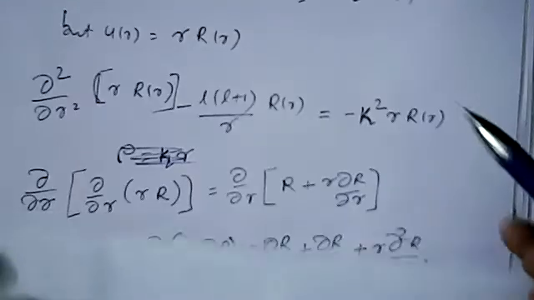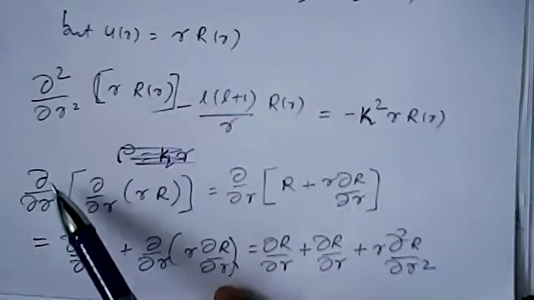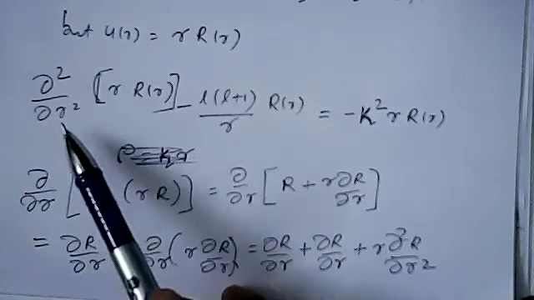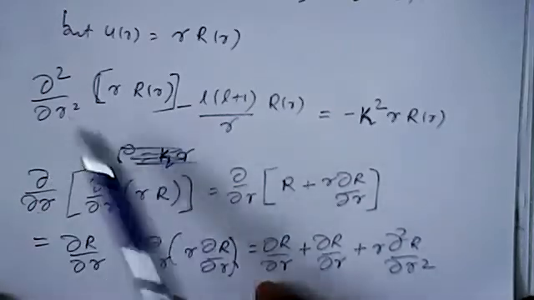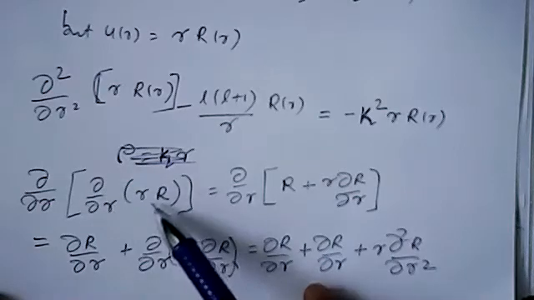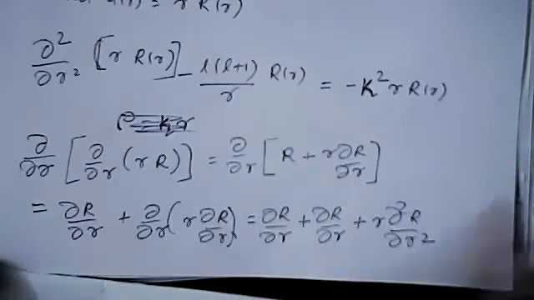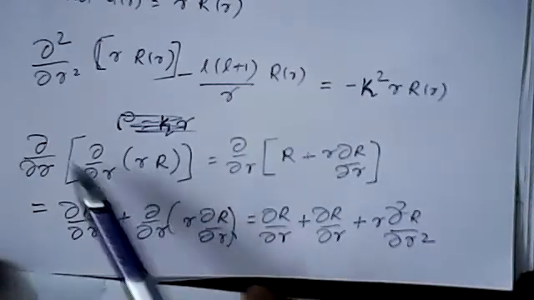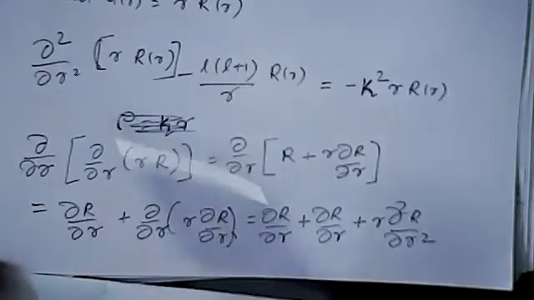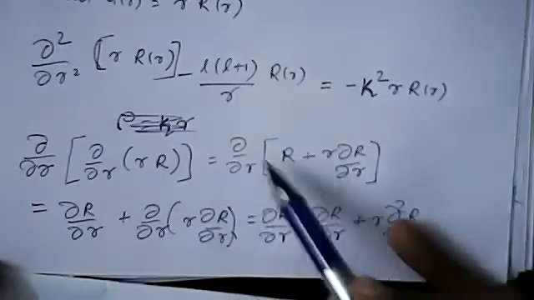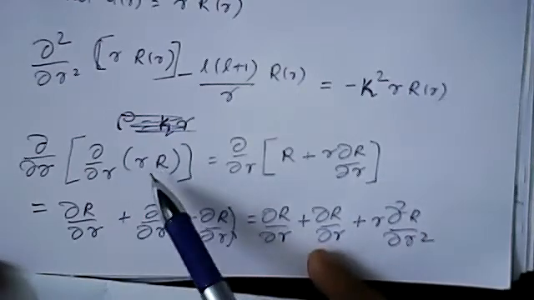Okay. Now let us simplify the first term. The first term is dou square by dou r square. That you can write as dou by dou r of dou by dou r of small r capital R. So this is the first derivative, and this is the second derivative. So that is equal to dou by dou r into, now differentiate this partially.